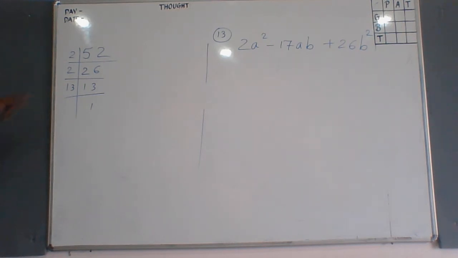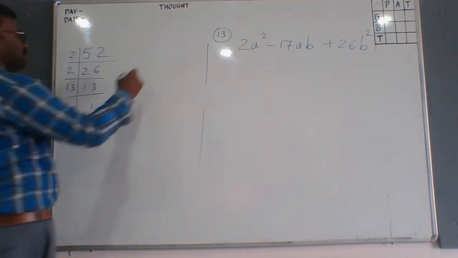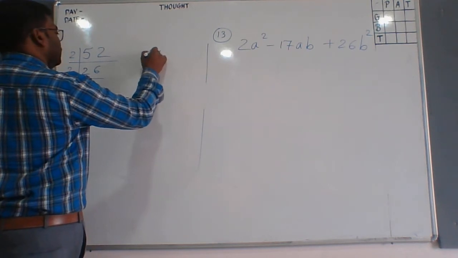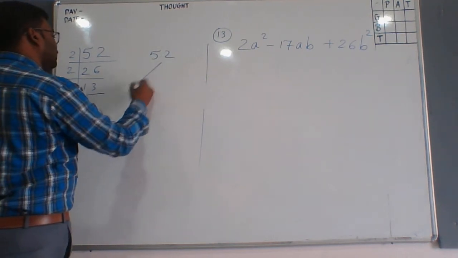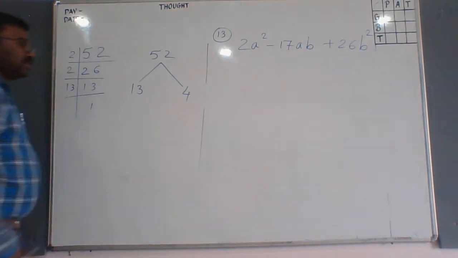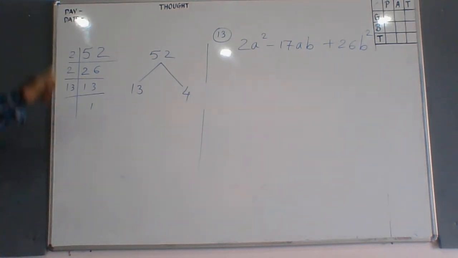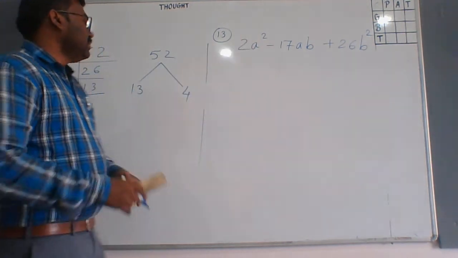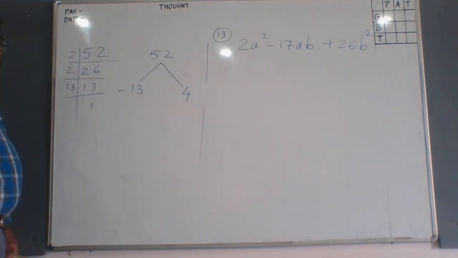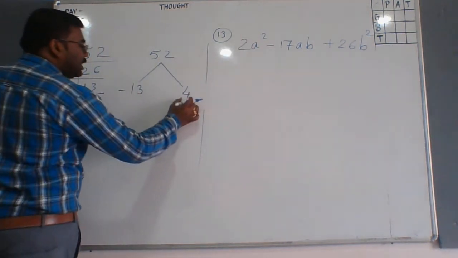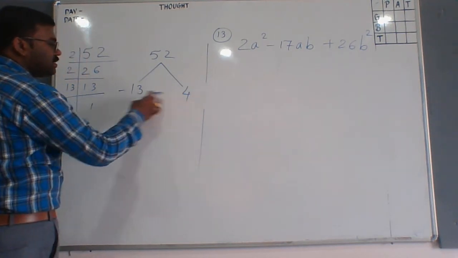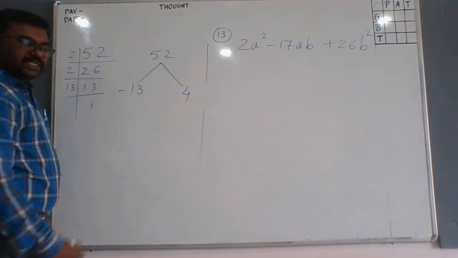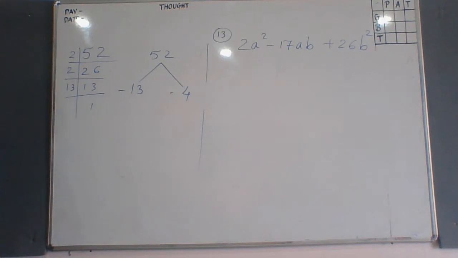Okay. So 13 and these two twos are 4. 13 and 4 gives us 17. But 17 is with the minus sign. So greater factor should be with the minus sign. And if we take positive, then minus 39 plus 4 will not give minus 17. So this 13 should be with the minus sign.